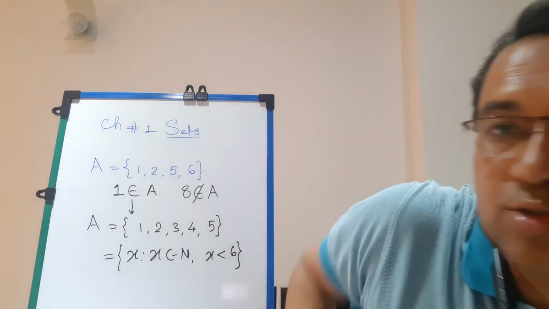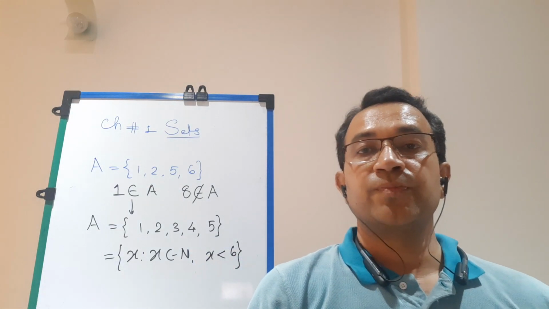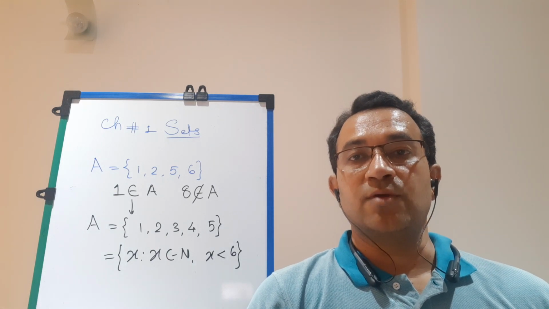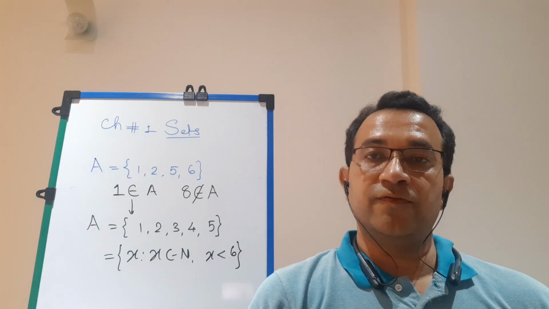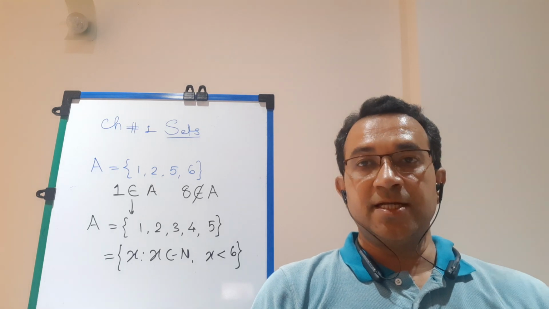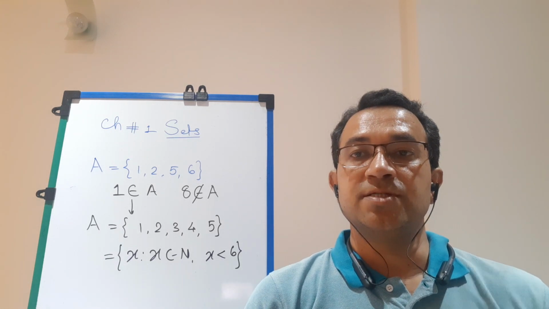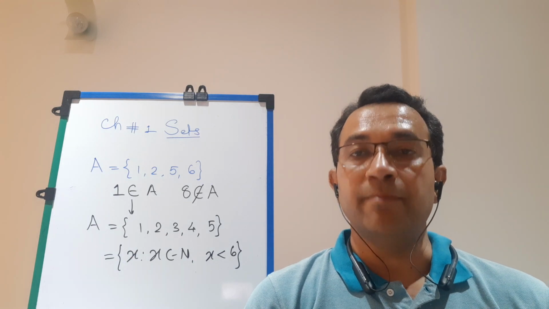Now x belongs to N means x is a natural number which is less than 6. Natural numbers less than 6 are 1, 2, 3, 4 and 5. So usually a set is represented by two methods: the listing method and the property method.